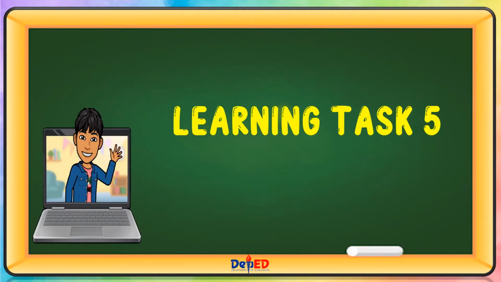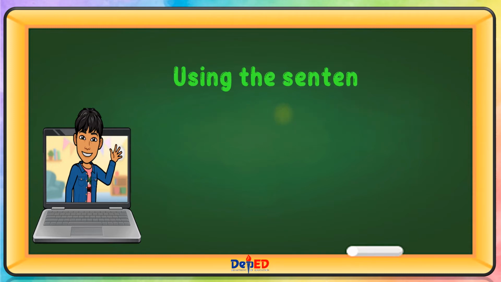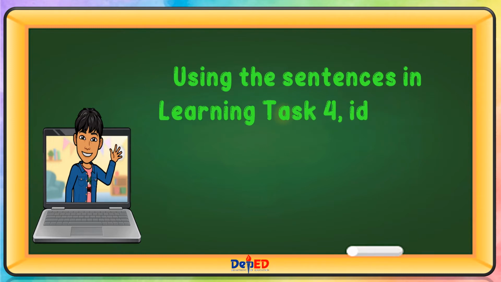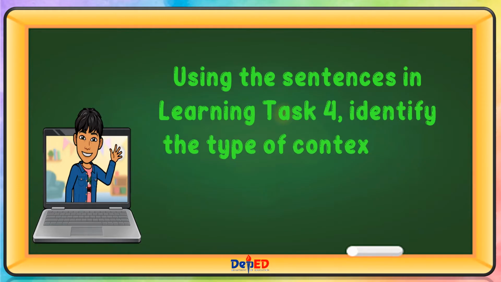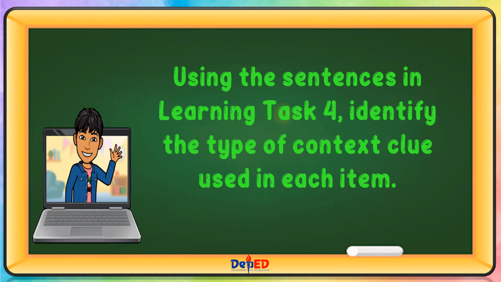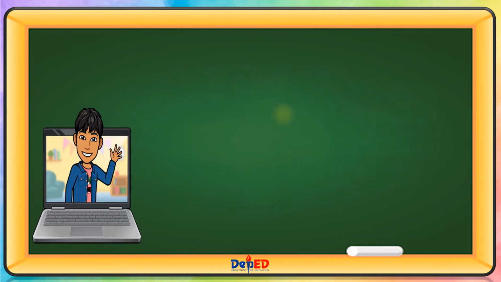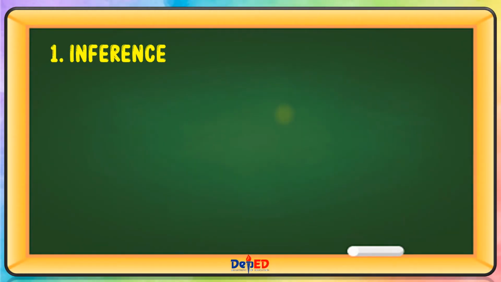Learning Task 5. Using the sentences in Learning Task 4, identify the type of context clue used in each item. Number 1 is inference. Number 2 is comparison.